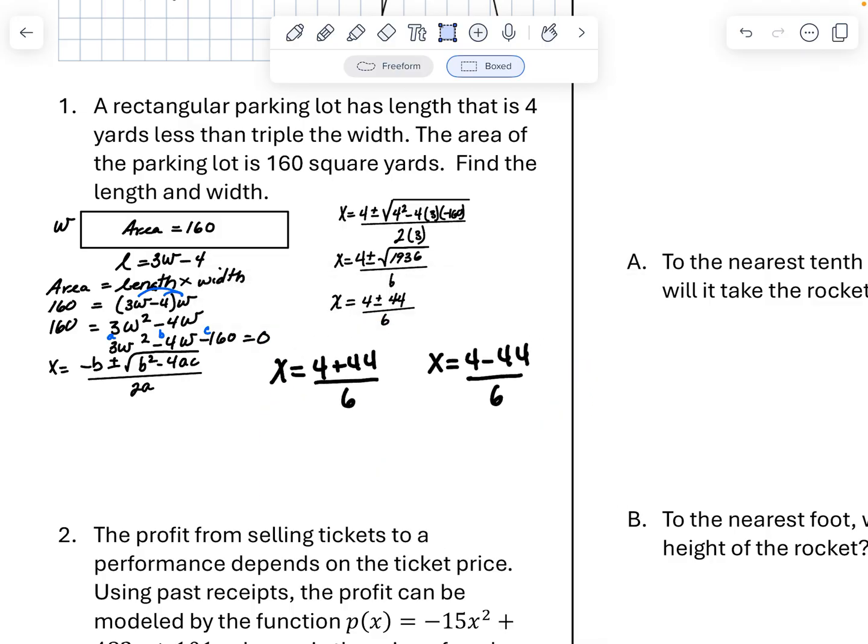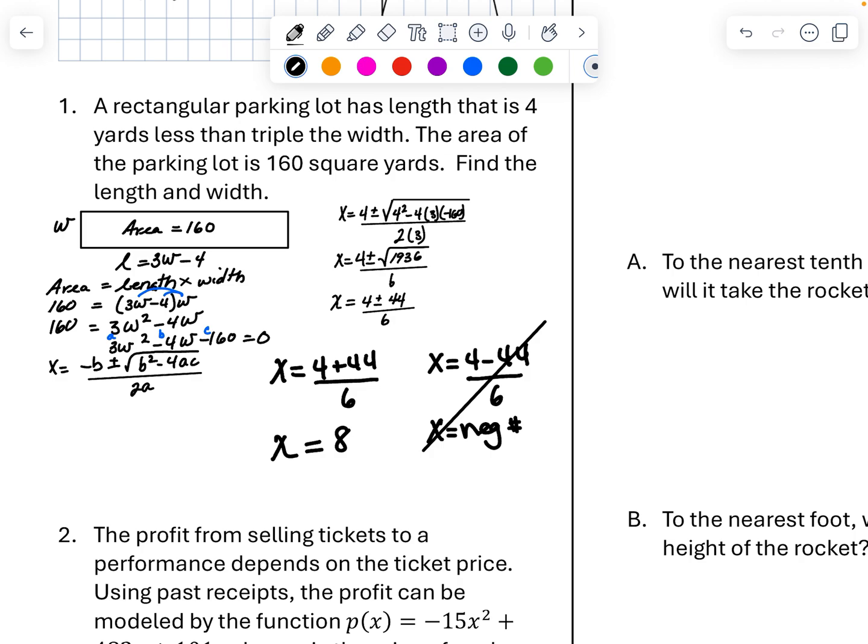So then 4 plus 44 is 48. 48 divided by 6 is 8. And the other one is going to be a negative number, which is not possible. So that's gone.